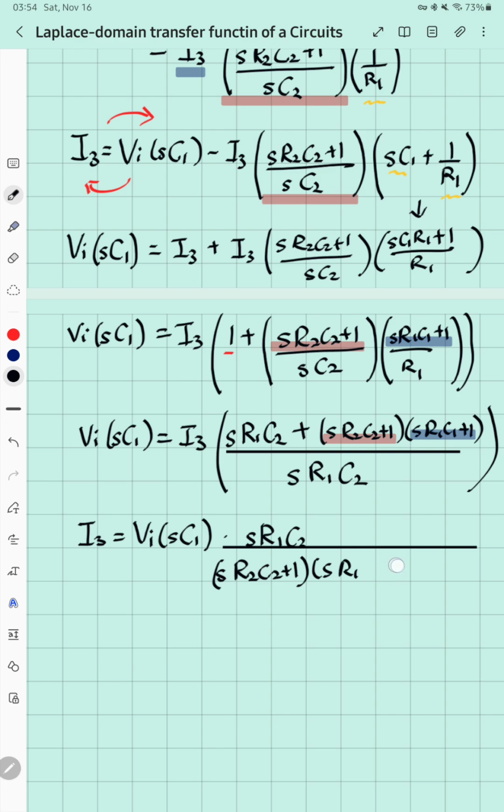That looks like a G, so I'm going to rewrite C1 plus SR1C2, whole thing in brackets.